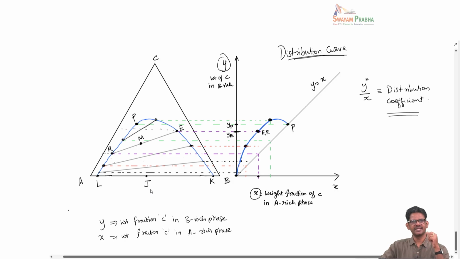So it makes sense to then rescale this in such a way that we are able to change the amount of C. This one is good, there is no problem with this, it just gives complete information, but from a practical point of view we may not need to go to very high concentration of C, because many of these leaching, many of the extraction problems involve very low amount of C. So we like to rescale this plot in such a way that we focus on the phase diagram where the actual operation happens.